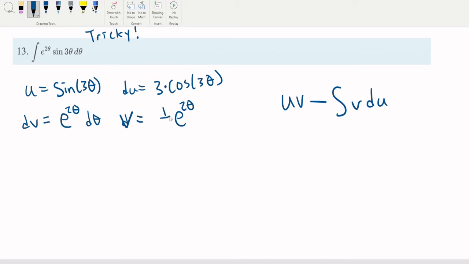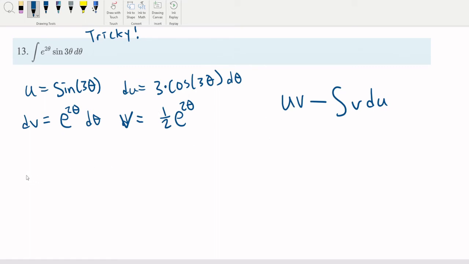And then pop out a 1 over that number. So good practice, do substitution here. But what you're going to end up getting is that this 2 just pops out down here.